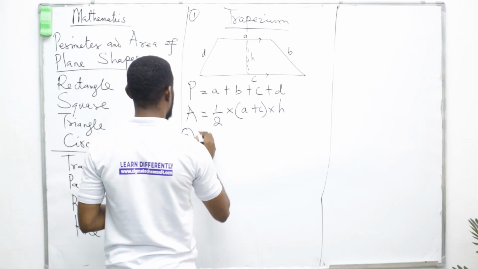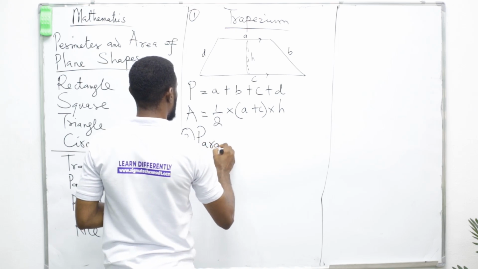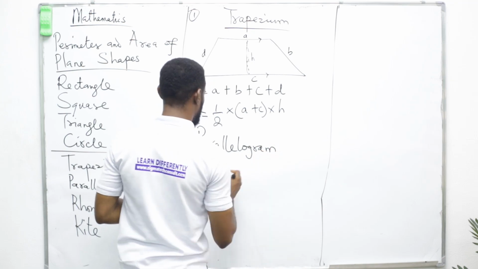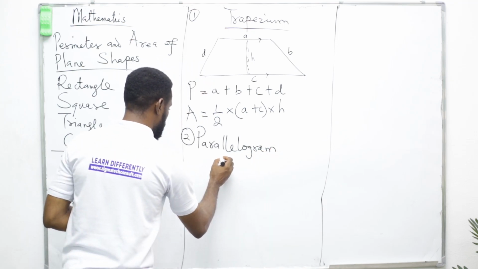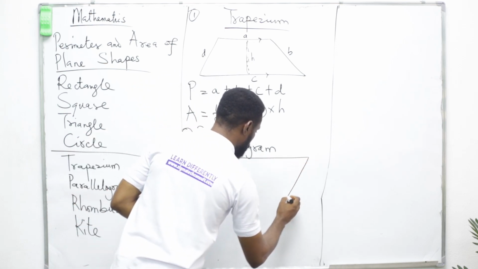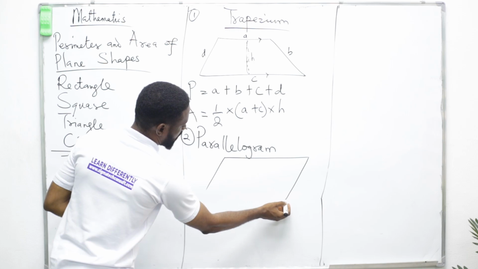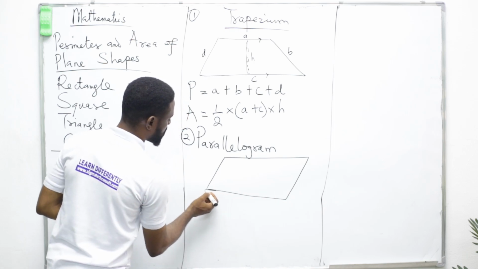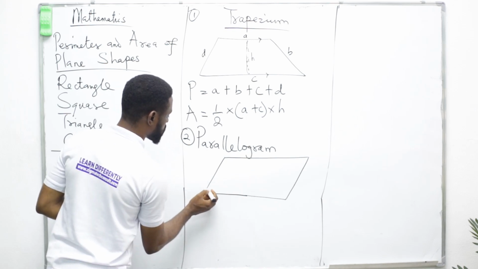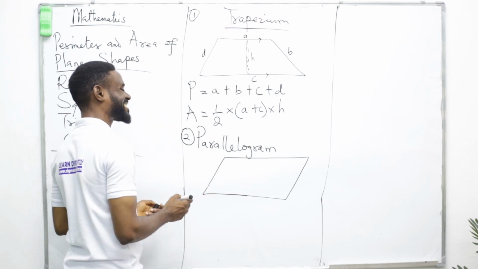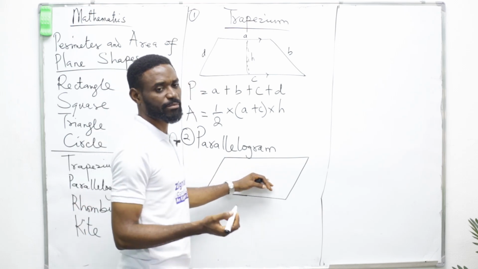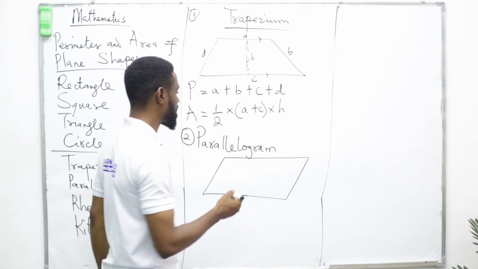Then for parallelogram, it looks like this. Parallelogram has a shape that is similar to a rectangle. It's just that its shape is in slant form. Okay? So of course it's also a quadrilateral because quadrilateral has 4 sides.